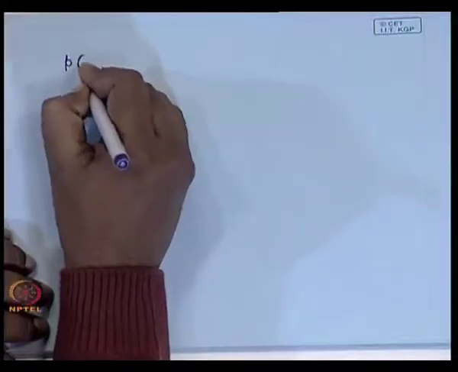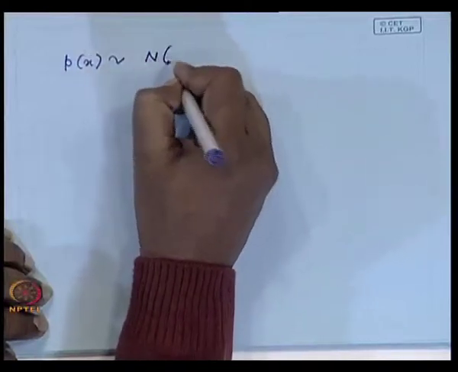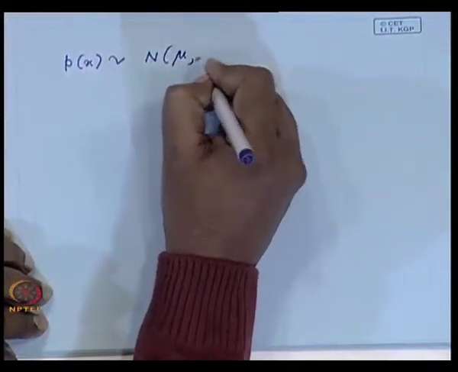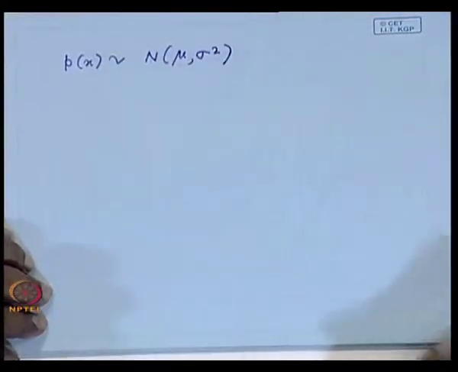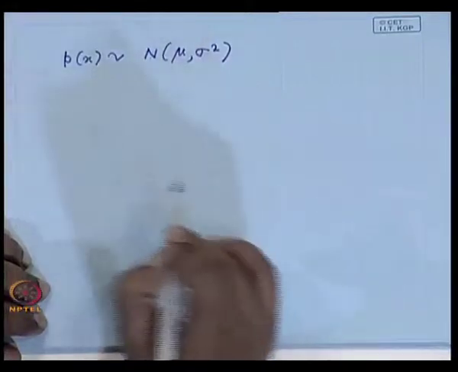Now, what does this multivariate normal density or the multivariate Gaussian density actually tell you? Let us consider the case of the single variable normal density. I have p(x) given by the normal density, with mean value mu and variance sigma square.